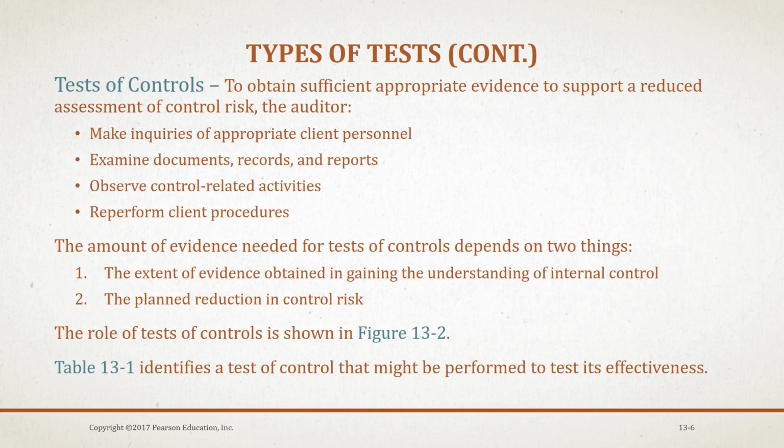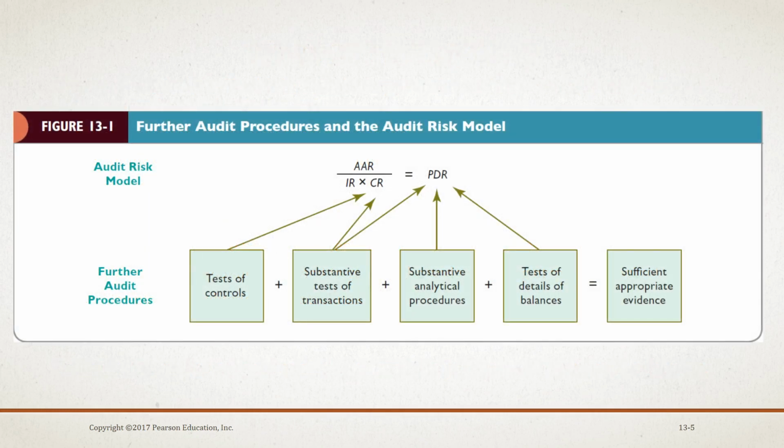So the first thing that we want to take a look at over here, once again, is the audit risk model. Very important for us. So again, that audit risk model is the key. When we look at the audit risk model, we're taking a look at the concepts of audit risk, which equals inherent risk times control risk times detection risk.